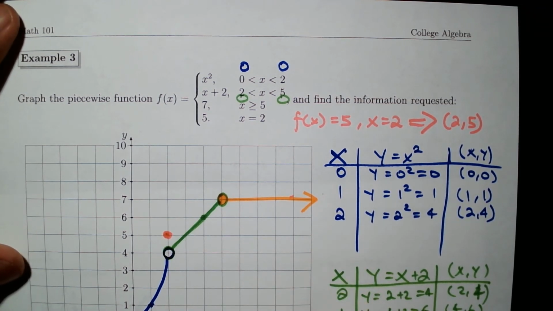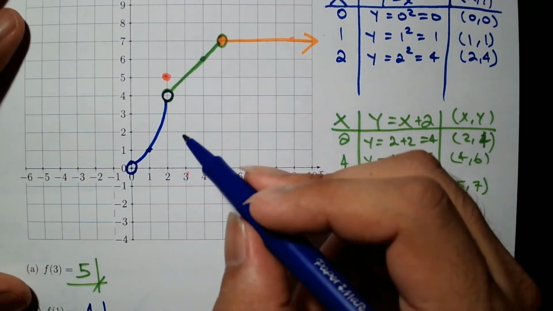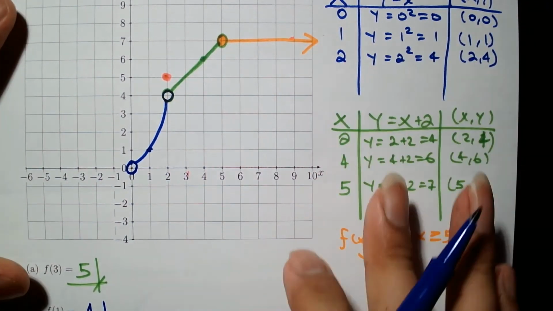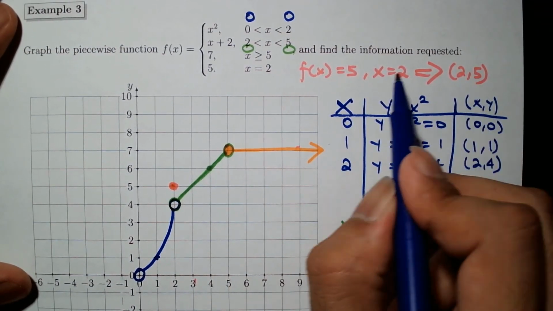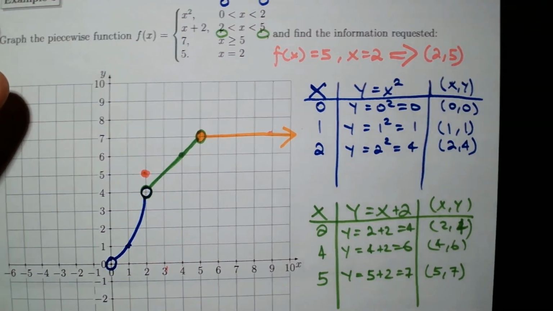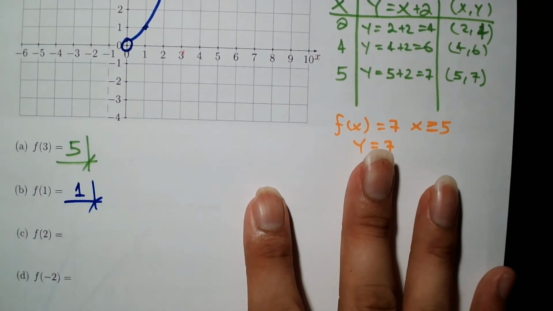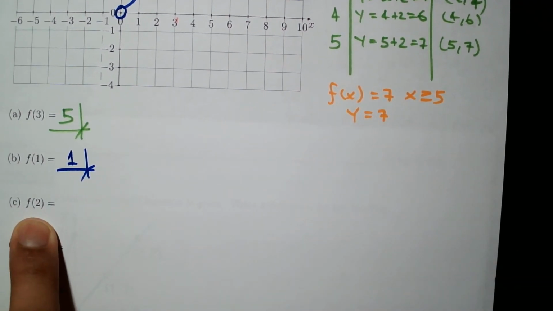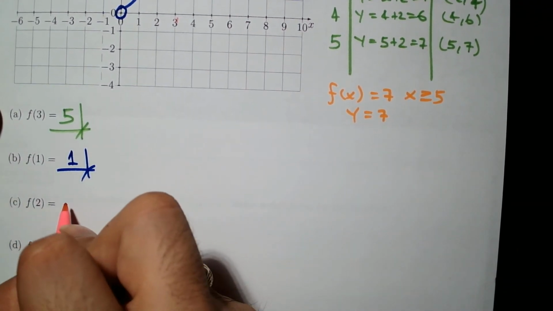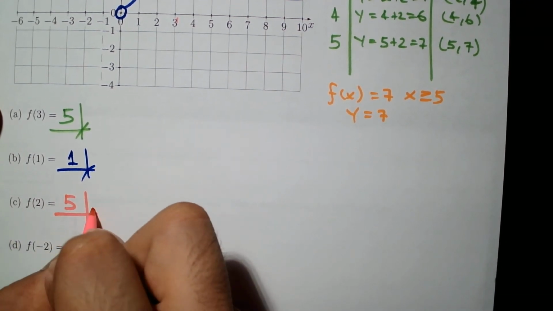So in this case, we're not going to use that part. F of 2 is the point that we came up with in pink, so we answer the question using the pink part of the function, which is 5.